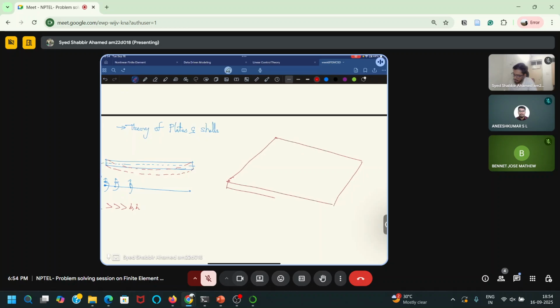Here there is some kind of thickness to this. So this is the thickness.